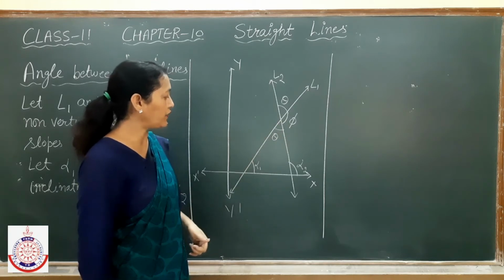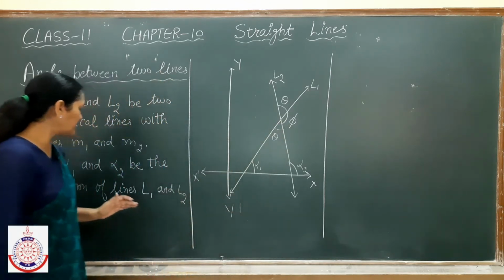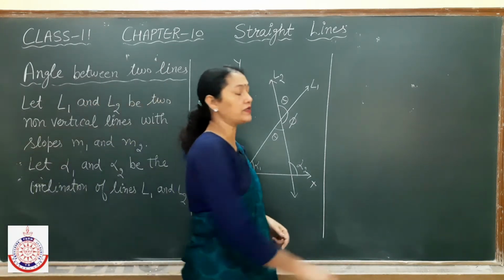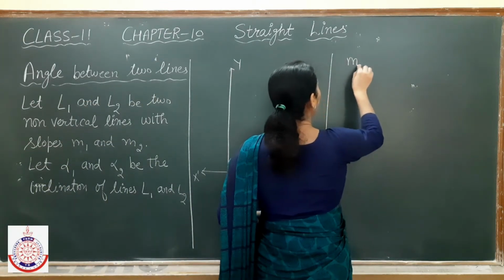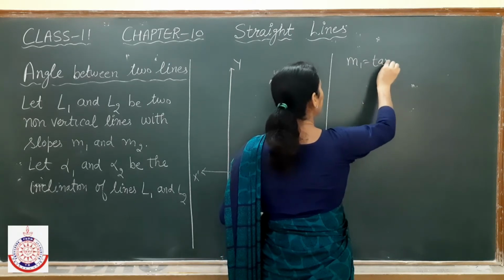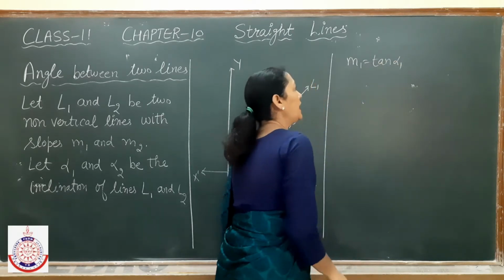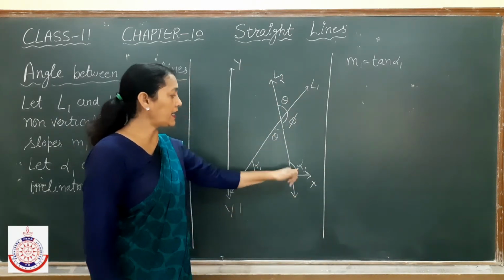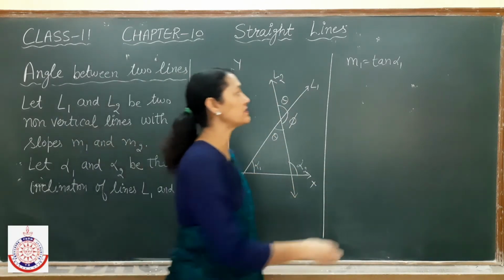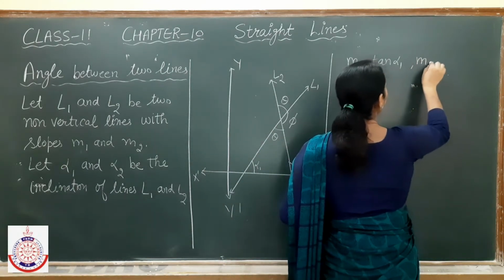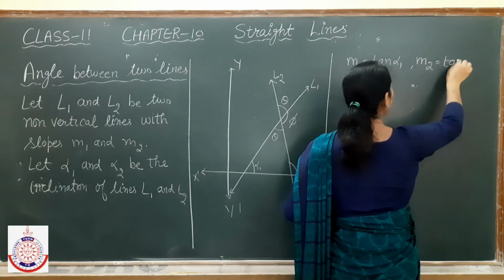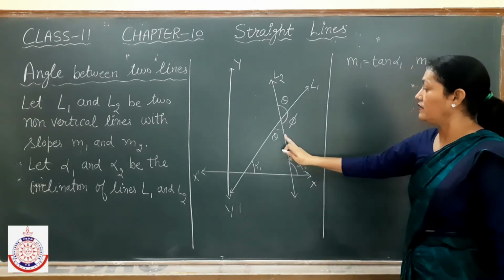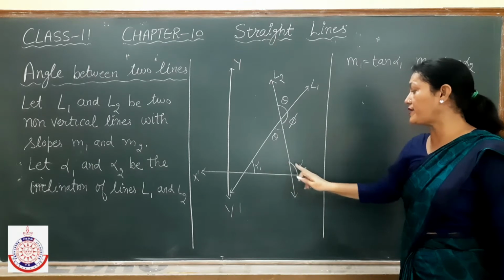Now how to find the value of theta? First of all, when we are saying that m1 is the slope and alpha 1 is the angle of inclination, that means we can write m1 equals tangent alpha 1, and for the second line, slope is m2 and angle of inclination is alpha 2. That means we can write m2 as tangent alpha 2.